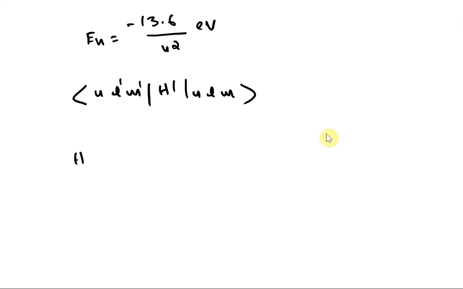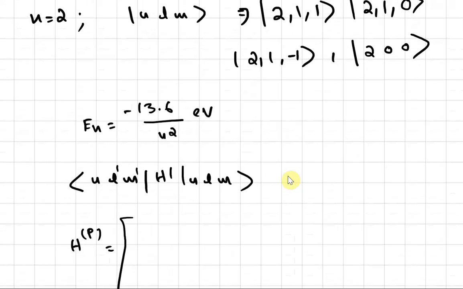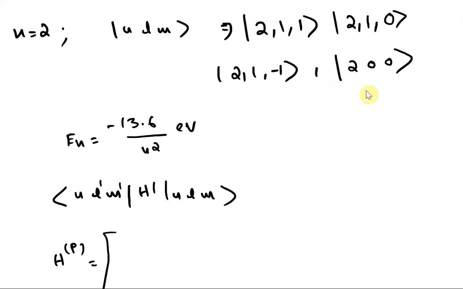So our perturbation matrix H_P is going to be, the first component, you can select any of them in any order. So you first label which one is which, so that the whole thing will be easy.